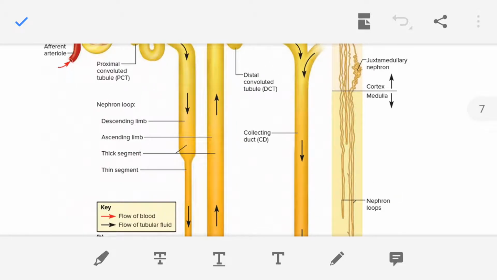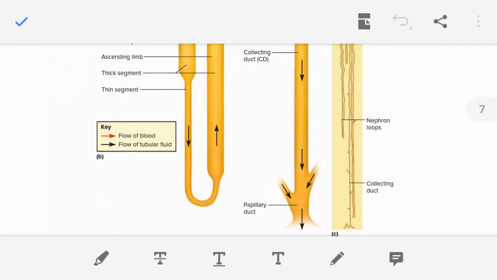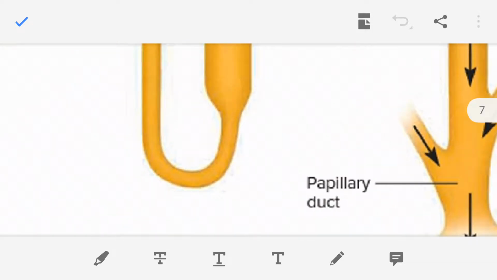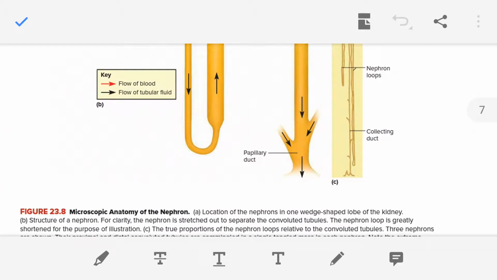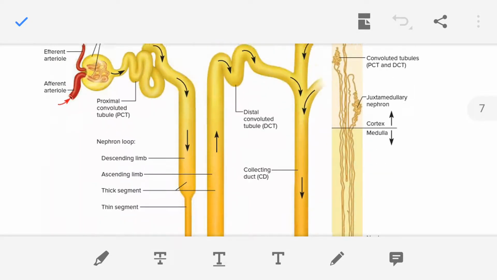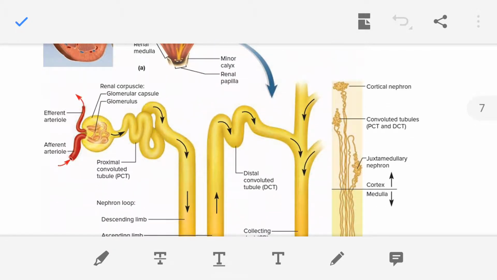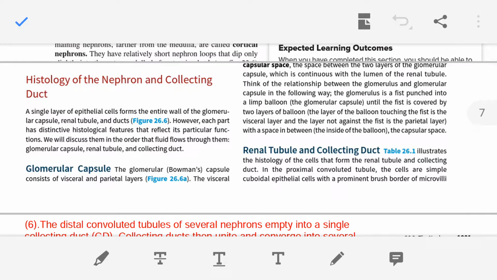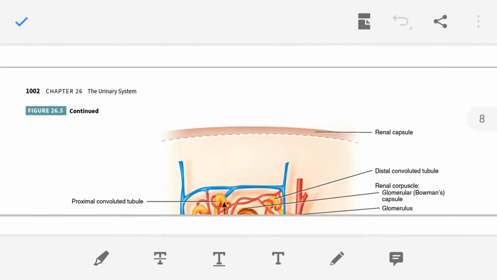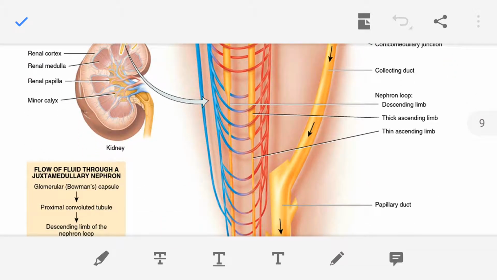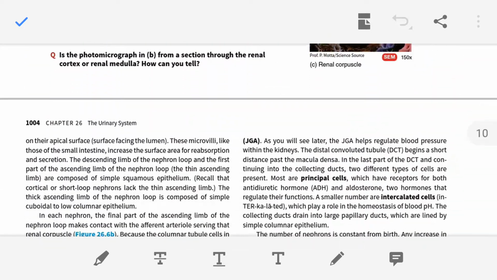So here we can find the variation, but in this hairpin-like region, the diameter matches with the diameter of PCT and DCT. So that is the point they are trying to explain to us in point number 13, okay.